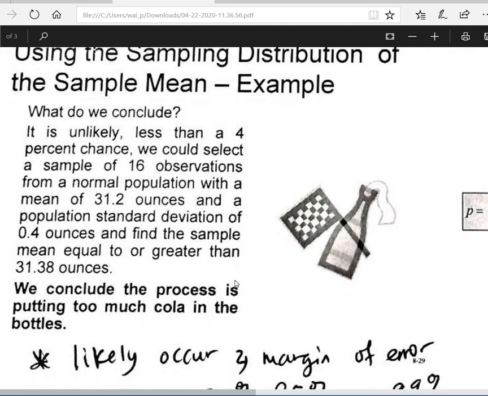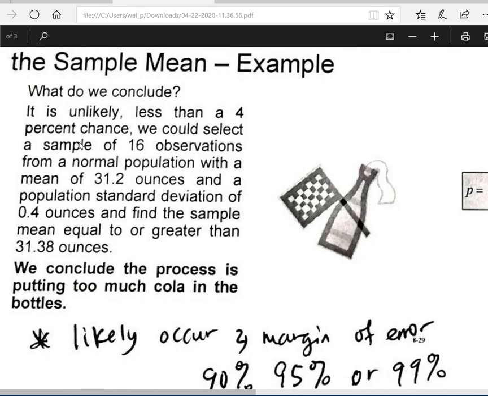Then next, the question asks, is this unlikely or likely? So it is unlikely because there is less than a 4% chance we could select a sample of 16 observations from a normal population with a mean of 31.2 ounces and a population standard deviation of 0.4 and find the sample mean equal to or greater than 31.38. So we conclude that the process is putting too much.